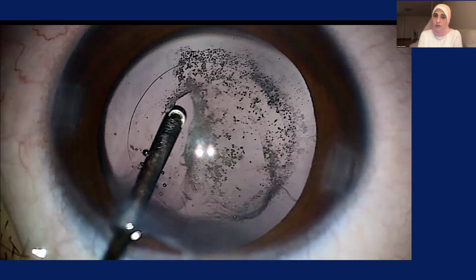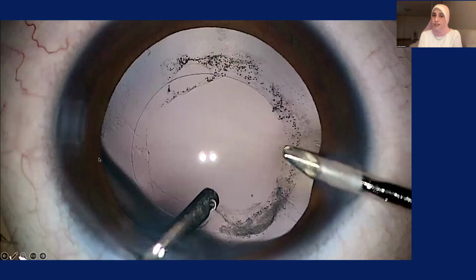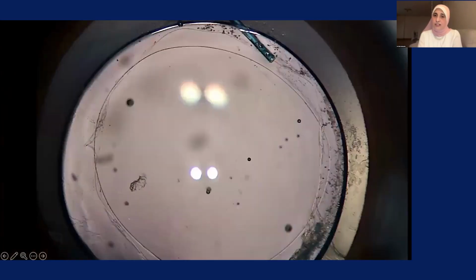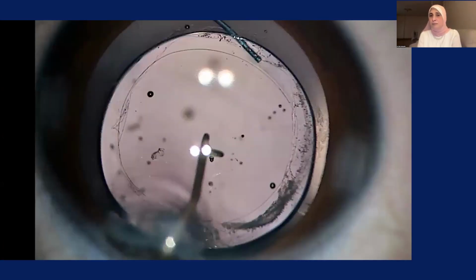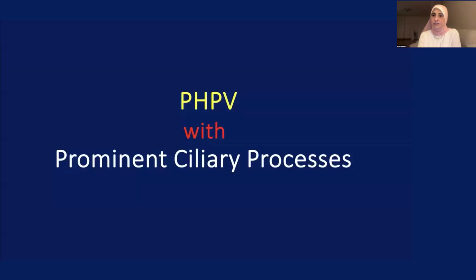We clear the visual axis, and this is the hyaloid artery here. We remove the whole posterior capsule, and as long as we have a 5 millimeter anterior axis, we can inject the multi-piece intraocular lens inside the capsular bag and push the optic behind the anterior axis and perform the optic capture technique. And here is how it appears after surgery, as we presented before.